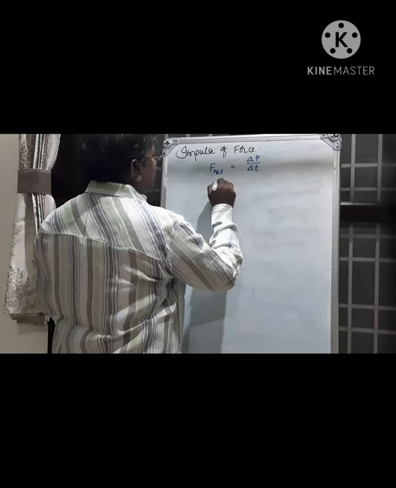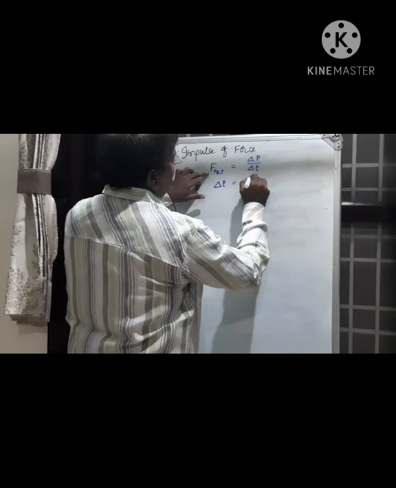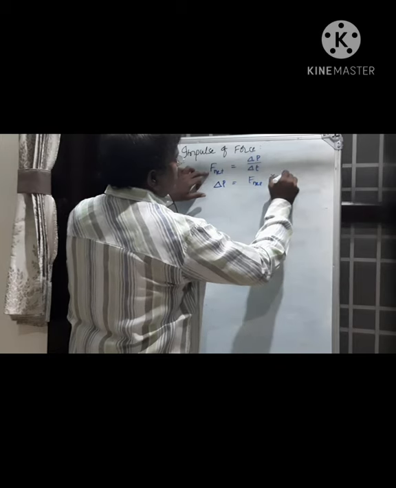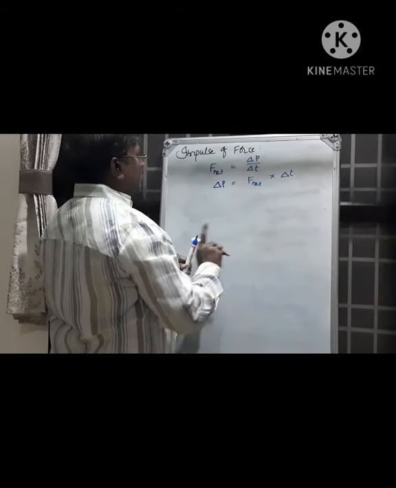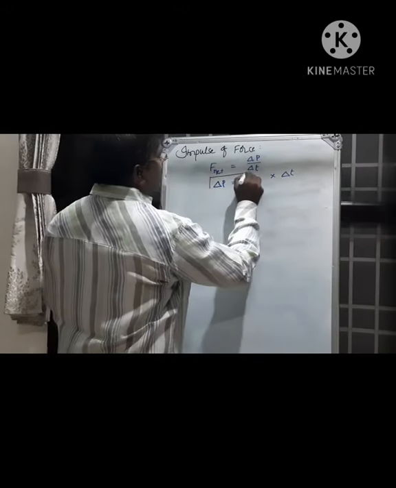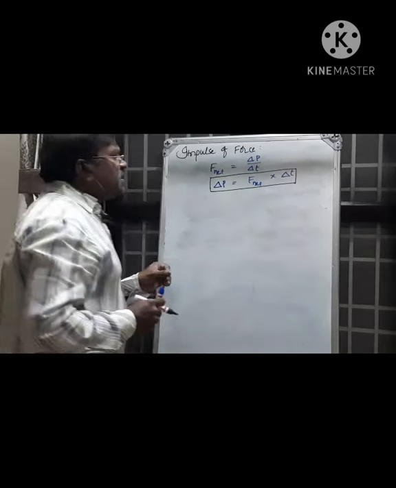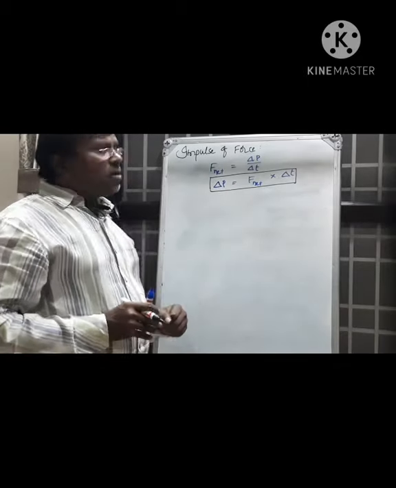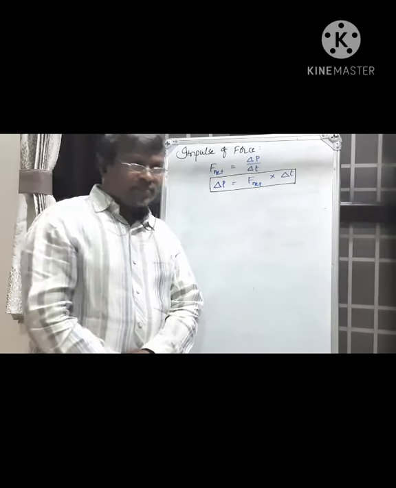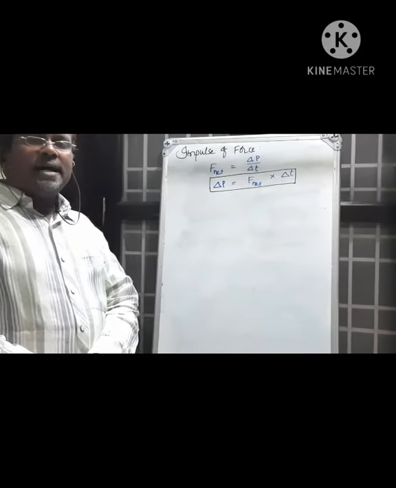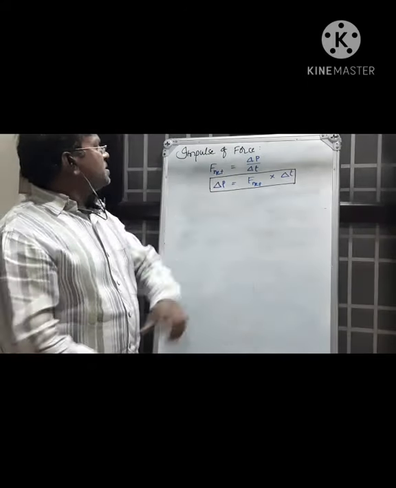Then the equation for the impulse of a body can be written as delta P is equal to F net into delta T. This is the formula for the impulse of a force, or impulse simply. So how can we define the impulse in another way? One definition: a force exerted on a body for a very short time is known as impulse.